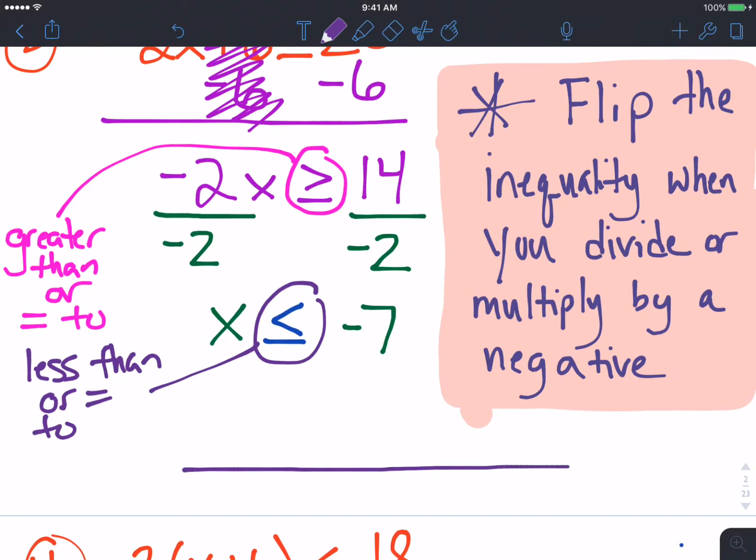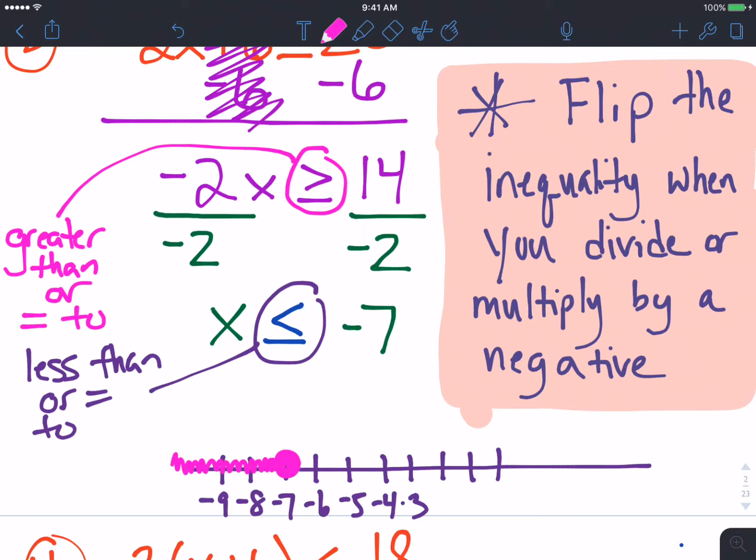So when I look at a number line of this, I'm making a closed circle at negative 7, and I need x to be less than negative 7, so that means I'm going to owe more money, so I will be shading to the left.